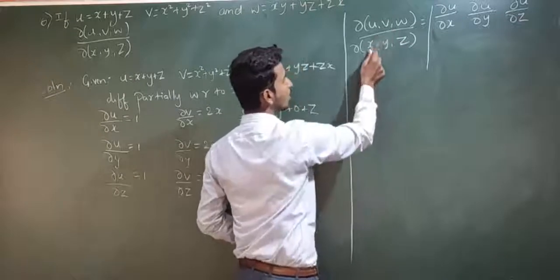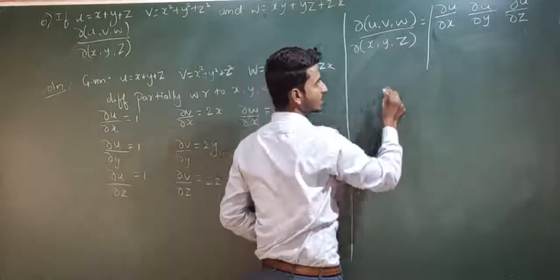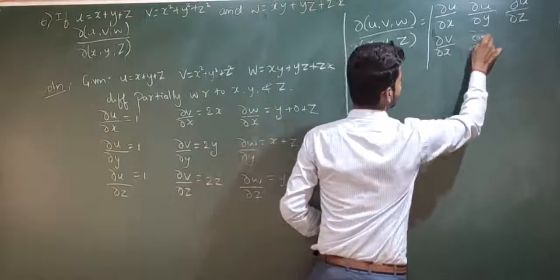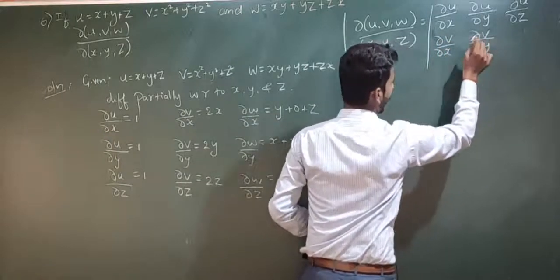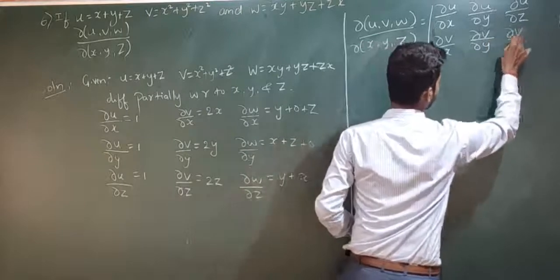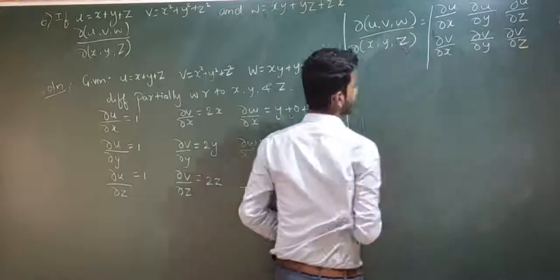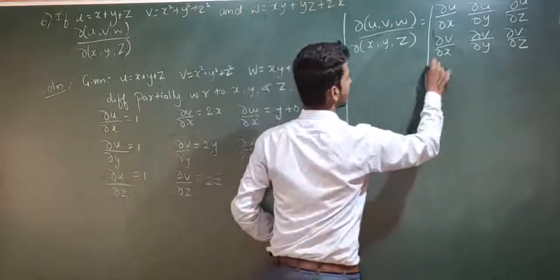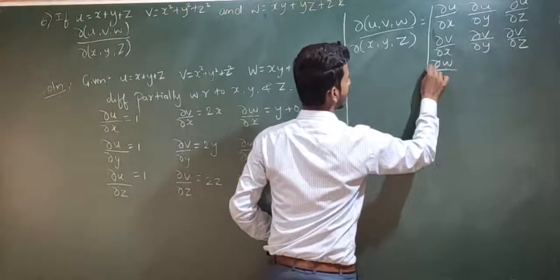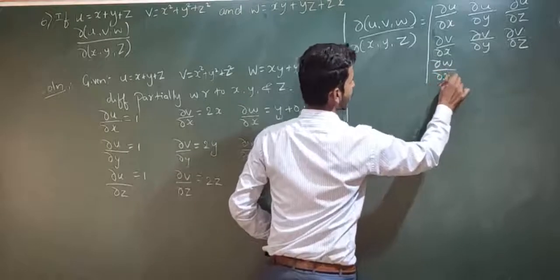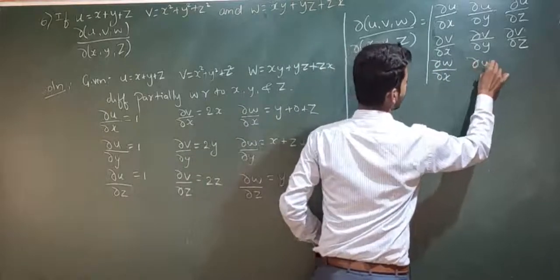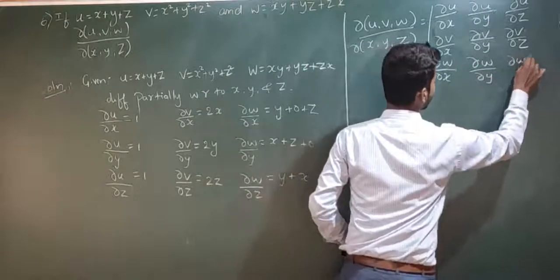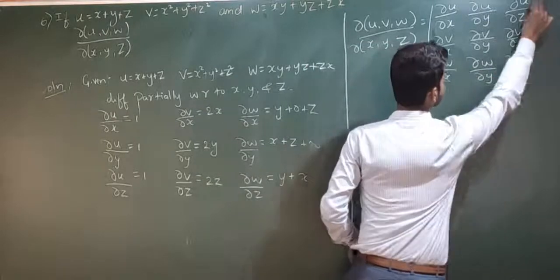Next, dou v by dou x, dou v by dou y, and dou v by dou z. Next is the w function, dou w by dou x, dou w by dou y, and dou w by dou z.